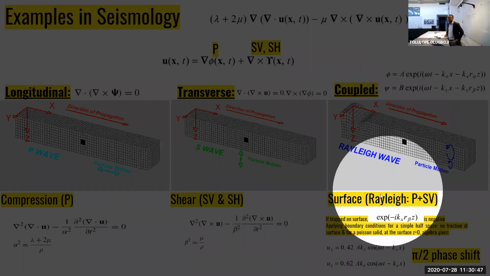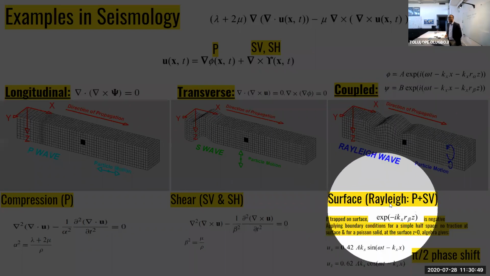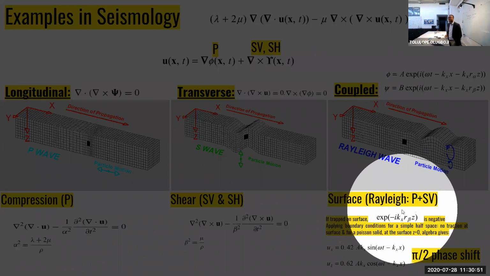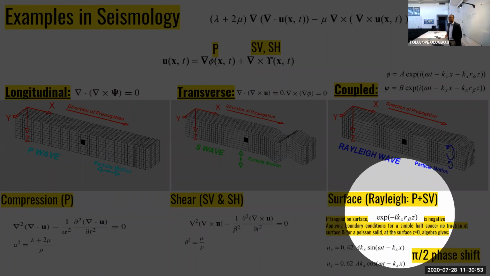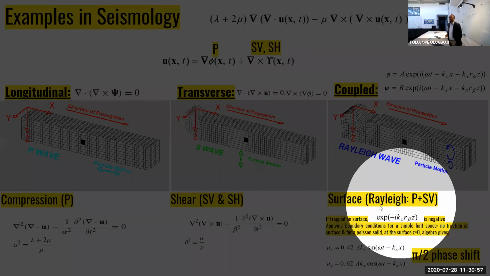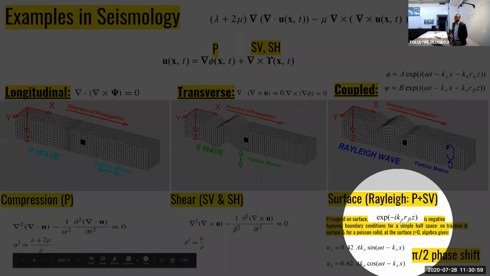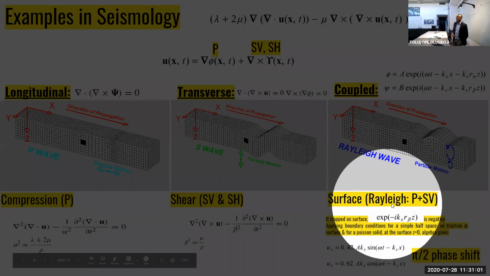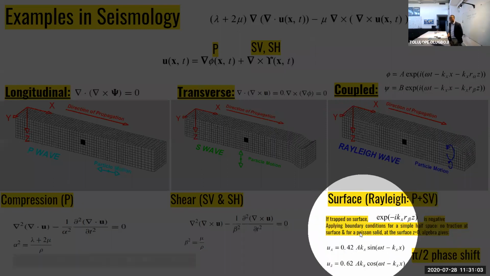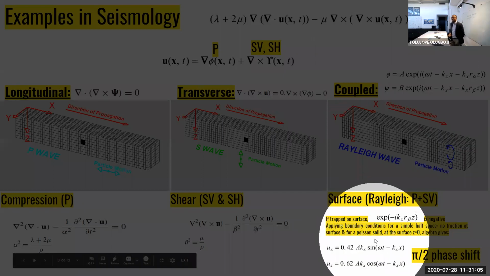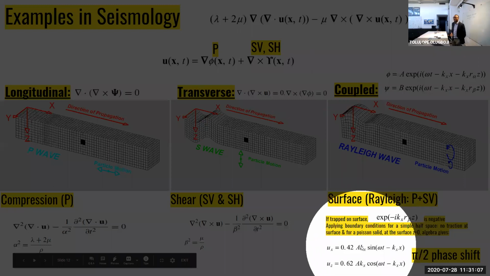But then if you impose some boundary conditions, say, for example, that the wave should be trapped at the surface, so this potential must be negative and decay with depth z, and that there's no traction at the surface, and you painfully do all the algebra, these two equations pop out for the displacement in the x and z directions.